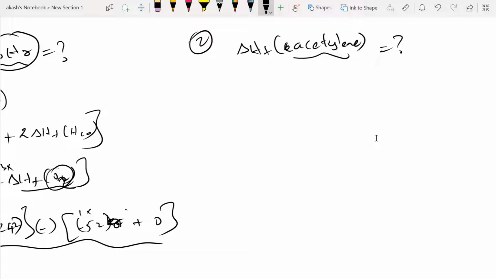Oxyacetylene flame. Have you ever heard of it? It is used in welding. Oxyacetylene flame. Have you heard of it? Okay, fine. If you don't know, now know it. Acetylene is nothing but ethyne. The common name of ethyne is what is called acetylene. Okay, we know the formula. Formula is nothing but CH triple bond CH.